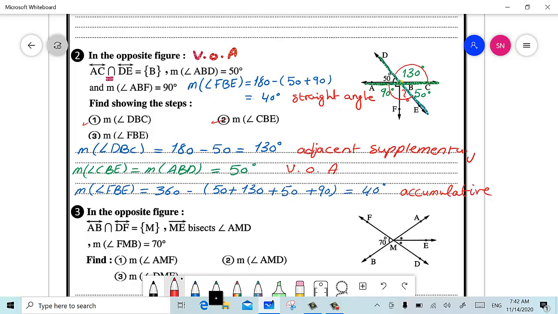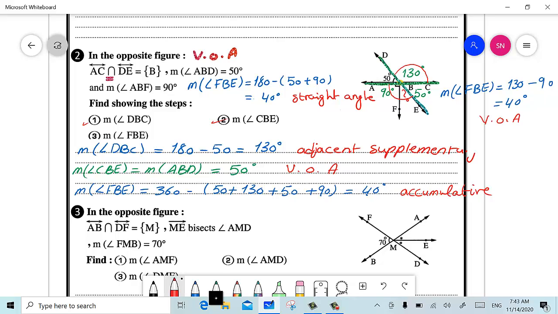I have one part of it which is 90. Can I find the other one? Yes, simply, I'm going to say that the measure of angle FBE is equal to 130 minus 90, which is also going to give me 40 degrees. And in this case, the reason is that they are vertically opposite angles.